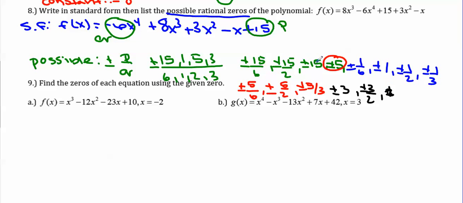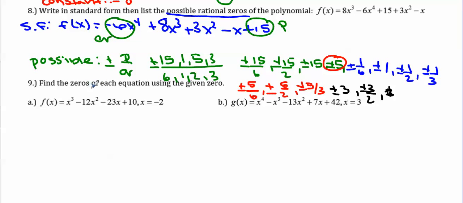So let's see, 1, 2, 3, 4, 5, 6, 7, 8, 9, 10, 11, 12, 13, 14. Am I repeating 1? No, I'm good.